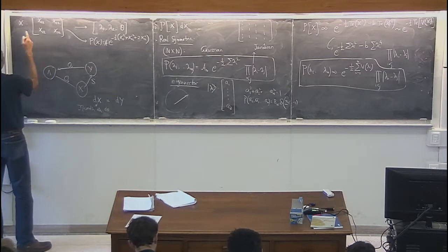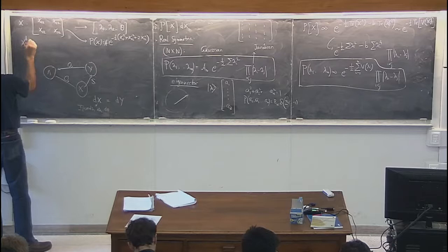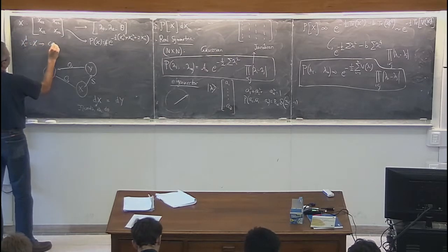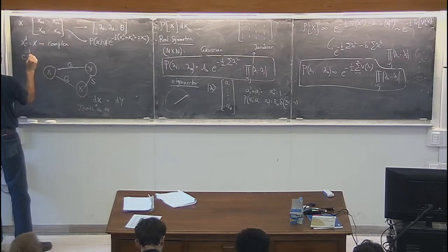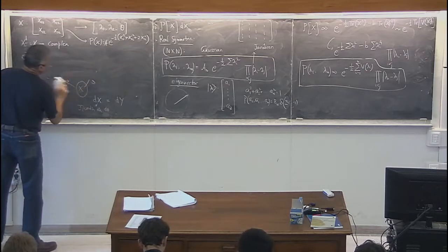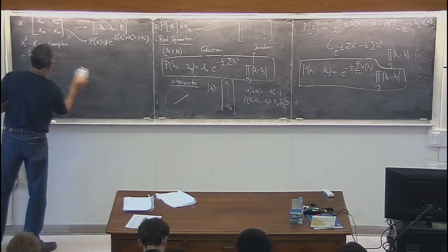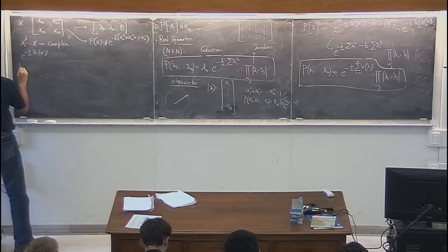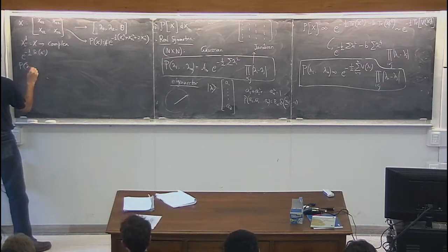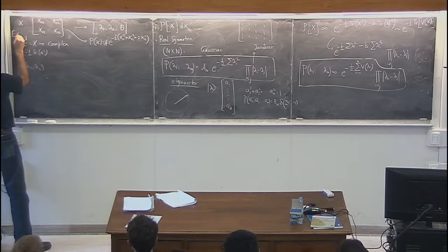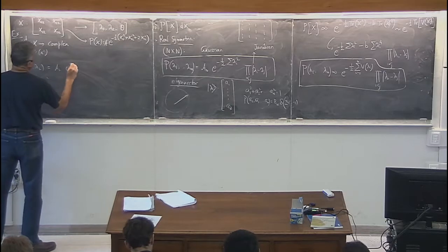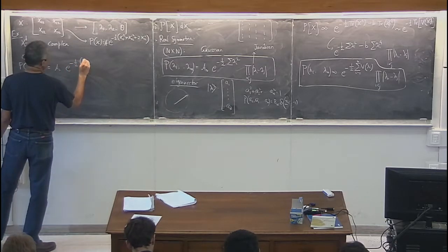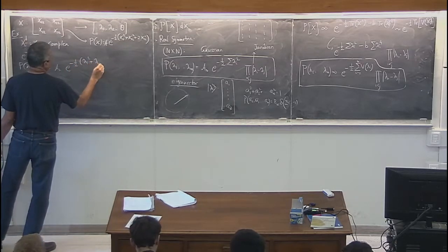Take the Gaussian again, so it will be minus half trace of x squared, 2 by 2, and just carry out the same calculation and show that, up to some normalization constant, it will be minus half, but instead of lambda 1 minus lambda 2, now it will be lambda 1 minus lambda 2 squared.